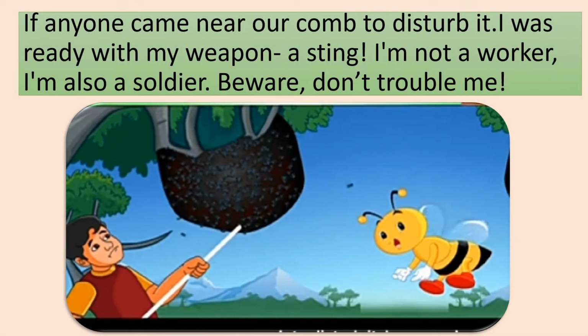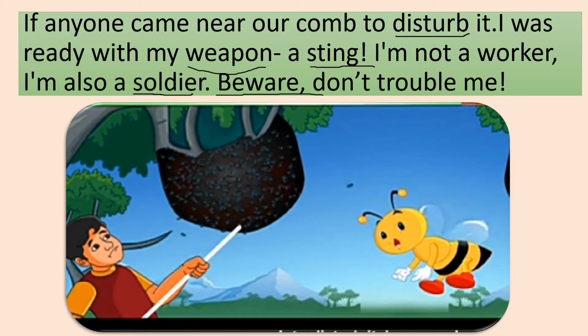If anyone came near our comb to disturb, underline disturb, it, I was ready with my weapon, underline weapon, a sting, underline sting. I am not only a worker, I am also a soldier, underline soldier. Beware, underline beware.